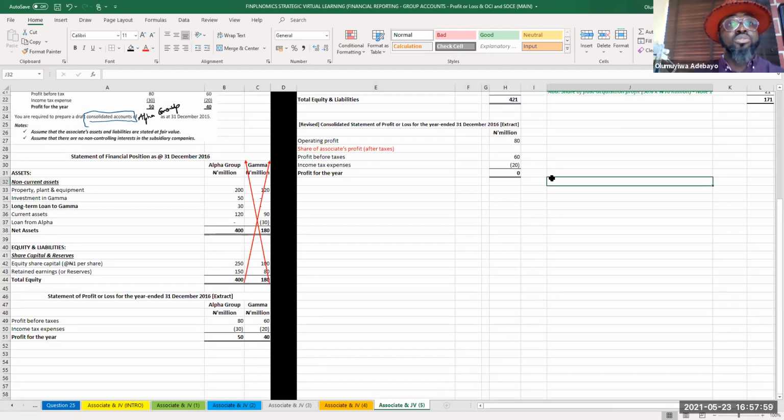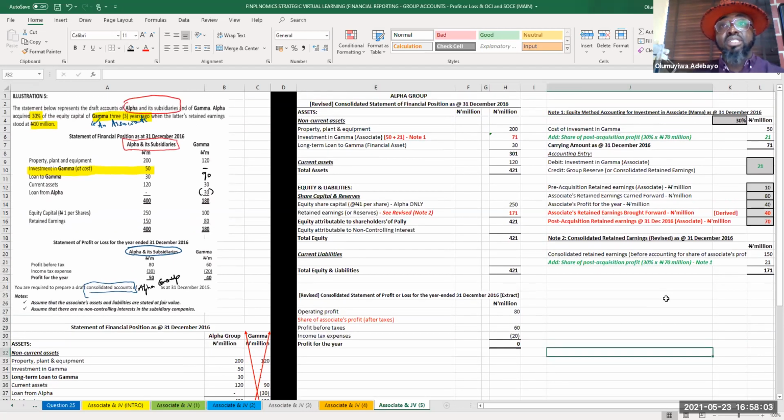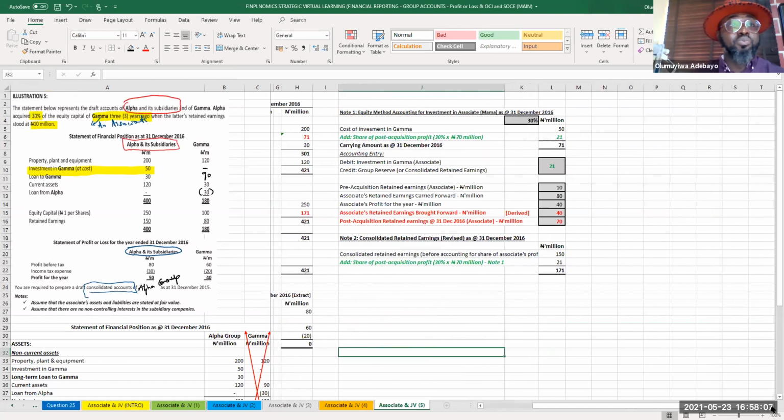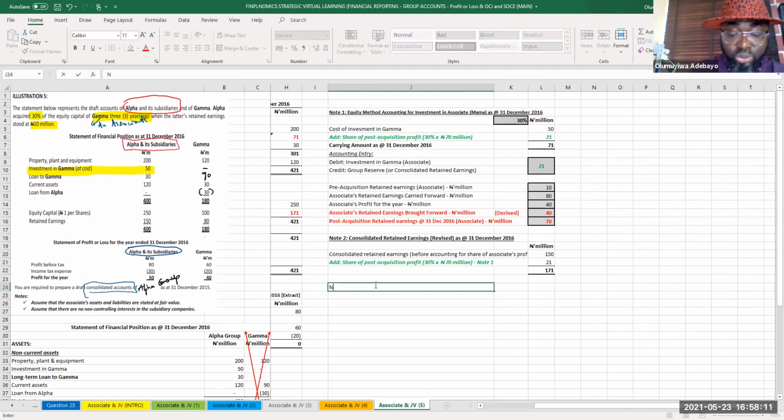And what we have to do is to ask ourselves, what is the associates' share of profit for the year? Now, in that year, the profit was 4 million. Therefore, note 3 is share of associates' profits for the year.